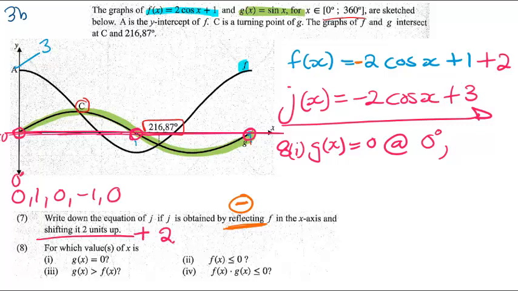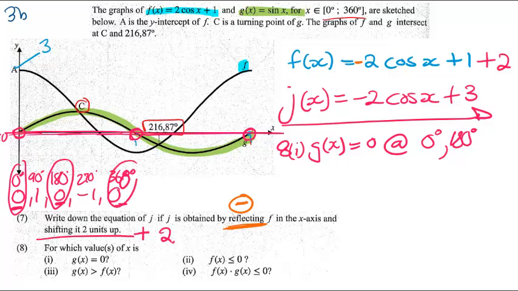And that's 0 degrees, 90, 180, 270, and 360. So this is very, very simple, because all you're going to do is look for when y is 0. Y is 0 at 0 degrees. Y is 0 at 180 degrees. Y is 0 at 360 degrees. The end.